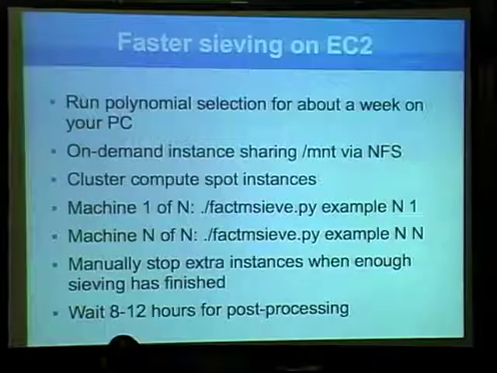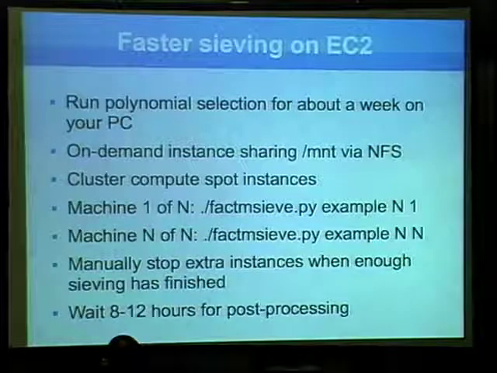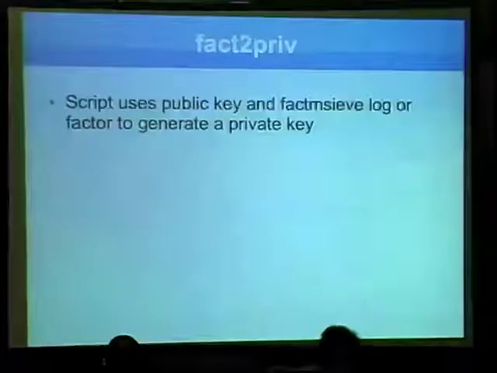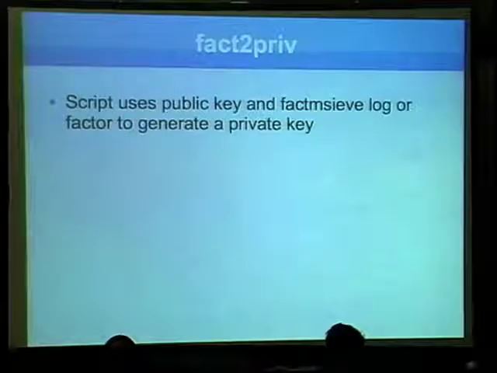Right. So I wrote a few programs to do stuff. The first one I wrote was a program that will take a factorization and convert it to a private key given the public key. You can also easily extract the public key from a certificate if, say, there was the TI calculator signing keys that were cracked a while ago.